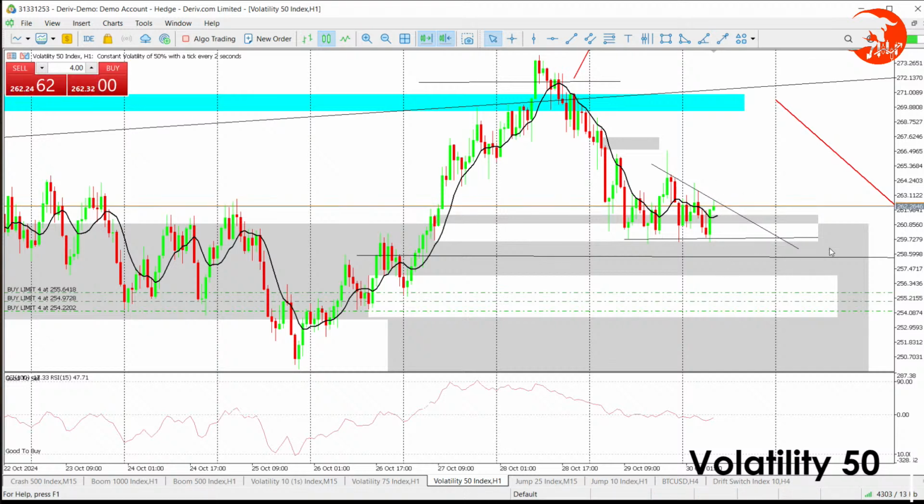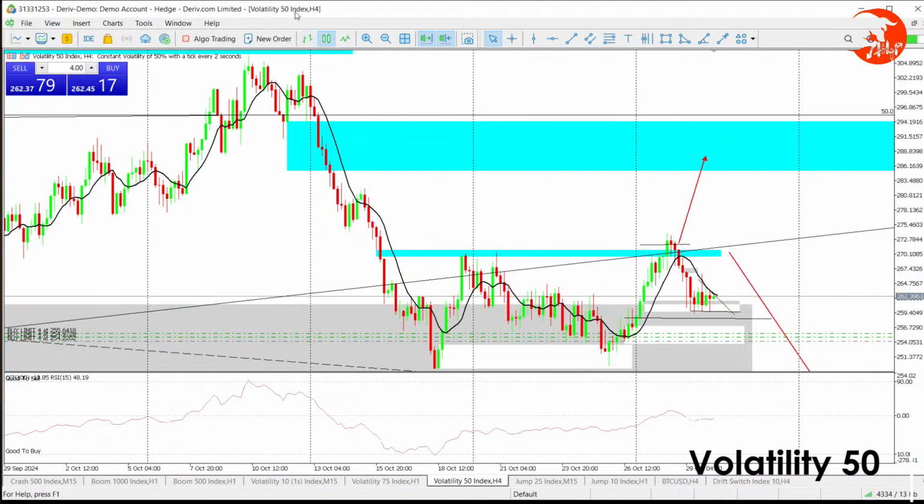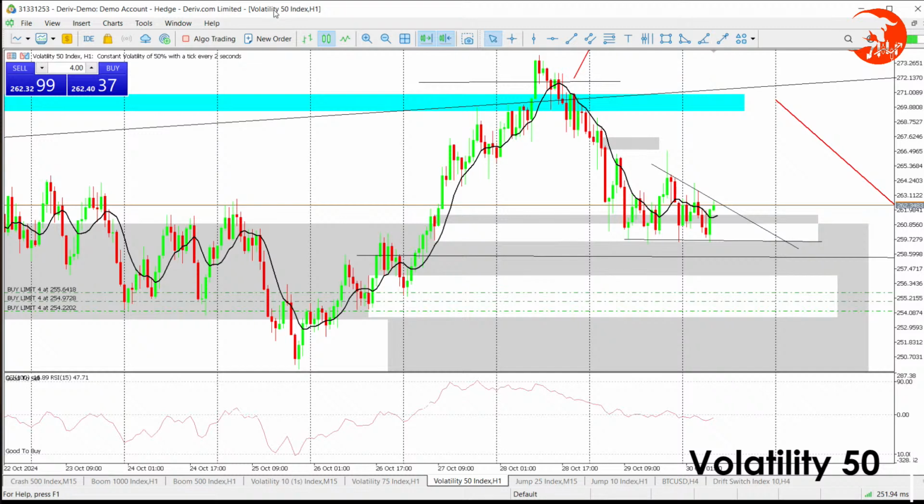So this is a clear descending triangle, and we know what that means because of what we can see according to our indicator down below. We are still selling. We are in the middle looking at H4. We are at the retest line there. So two things to happen here.